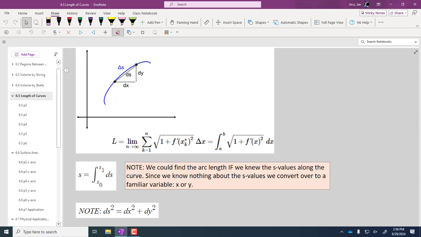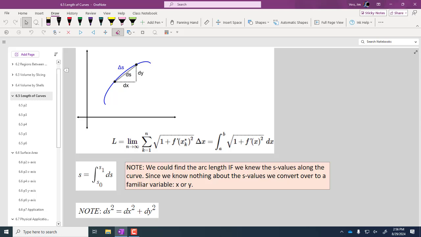In Calc 1, you said that dx was always the same as delta x. So delta indicates an exact distance. It's not an approximation. So delta s represents the exact distance along the blue arc. ds is approximating that delta s.